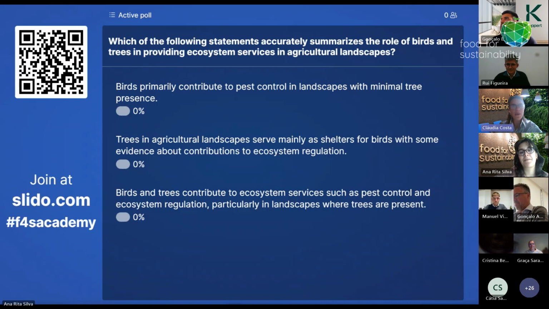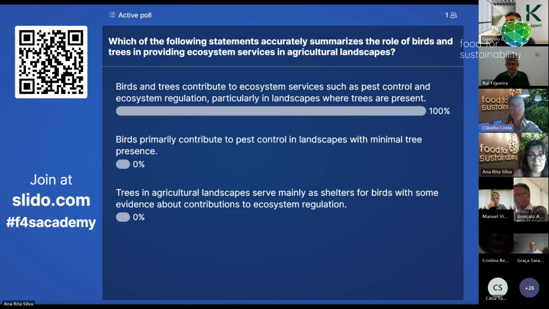And now a question that Rui Figueira is probably very knowledgeable about. Which of the following statements accurately summarizes the role of birds and trees in providing ecosystem services in agricultural landscapes? Are we talking about birds that primarily contribute to pest control, even if they have minimal presence of trees?